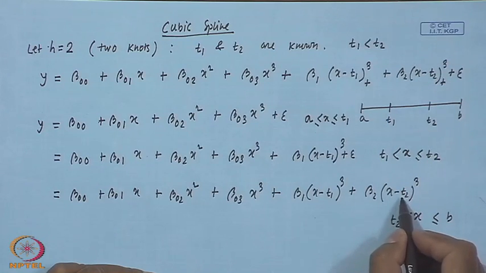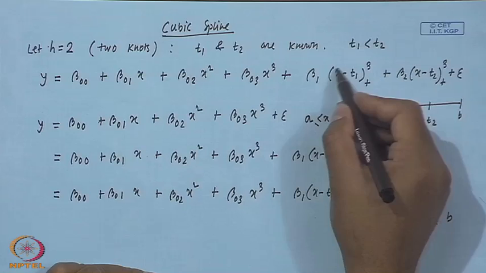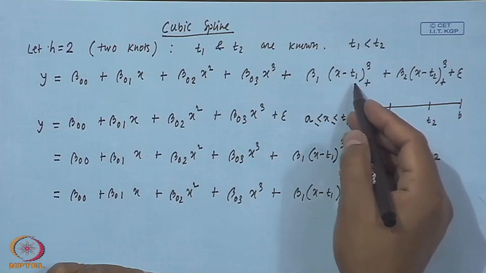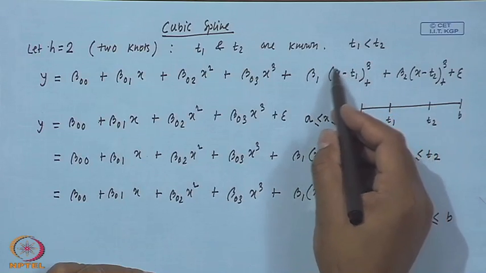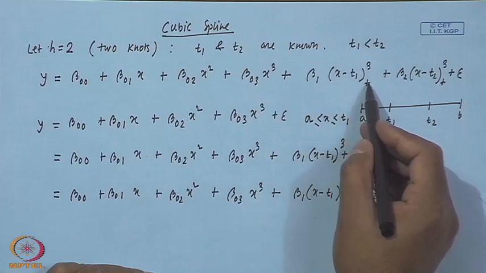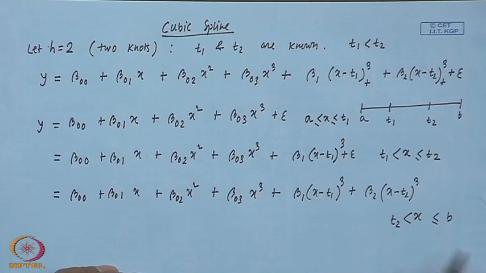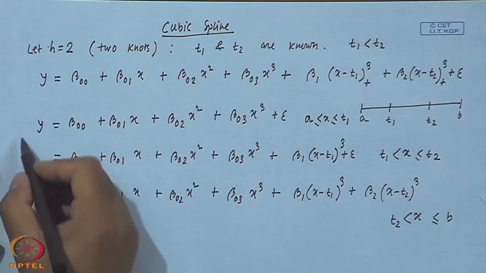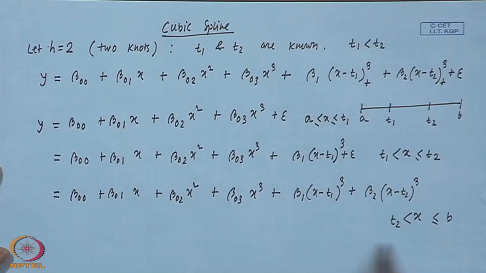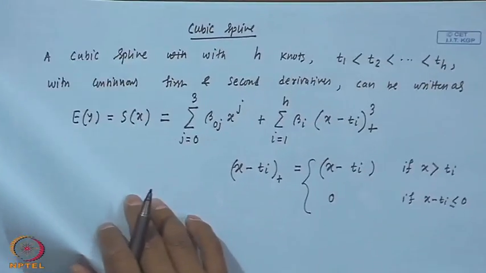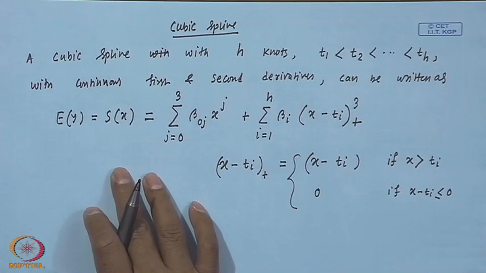So, you can put that here, and here also when x is greater than T 2, then it is also greater than T 1. So, (x minus T 1) plus is nothing but x minus T 1. So, it is a simple verification. So, this is the model for cubic spline involving only 2 knots, and here we wrote it for the general case.